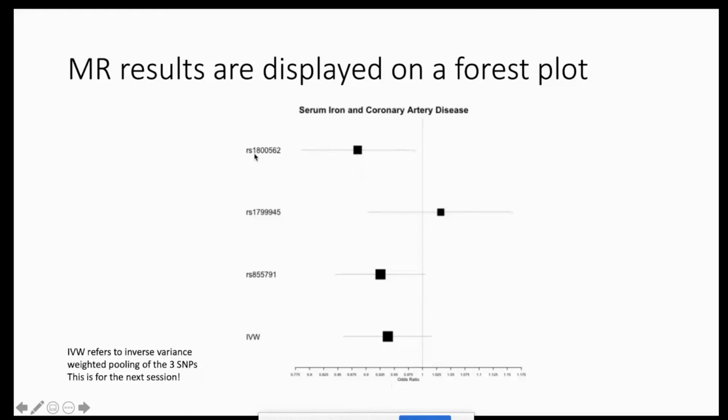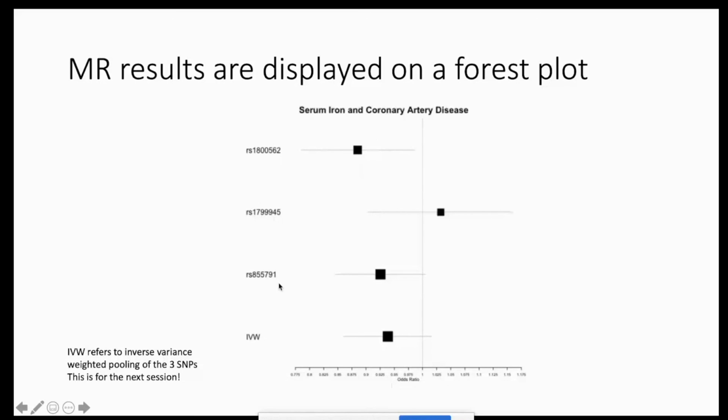For the first variant, rs1800562, we see that there is a reduction in the odds ratio of coronary artery disease with the effect on serum iron, and that this is below unity with the 95% confidence interval below 1. This means that it is a significant finding, that there's a reduction in the odds ratio of coronary artery disease associated with serum iron.